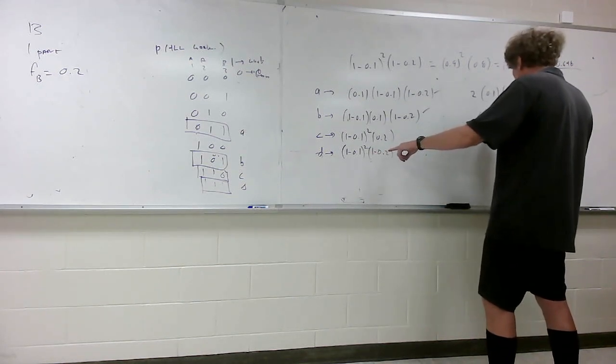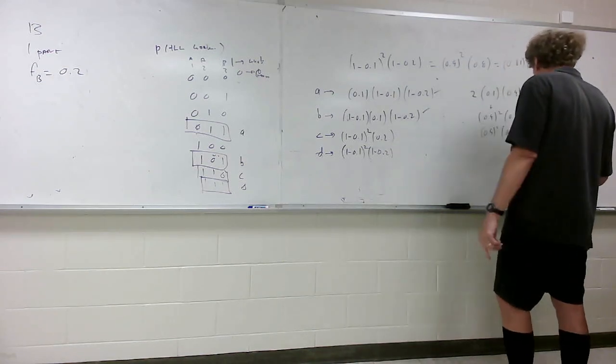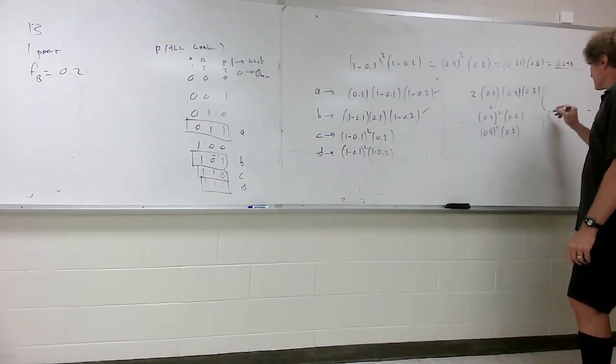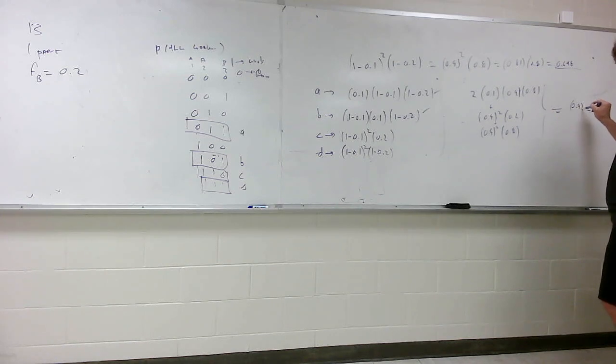And for this one, it's 0.9 squared times 0.8. When you add those up, plus this, can you tell me what you get? There's probably a quick way to do this. I've got 0.9 squared here, 0.9 squared, and we've got 0.2 plus 0.8, which is going to end up being 1, so that's 0.9 squared. 0.9 squared is going to be equal to 0.81.